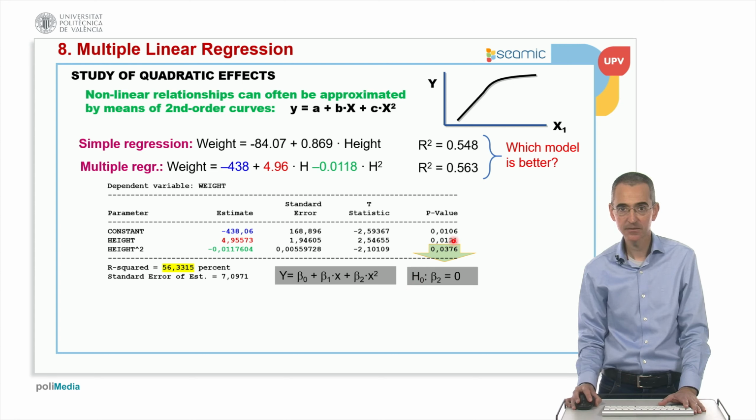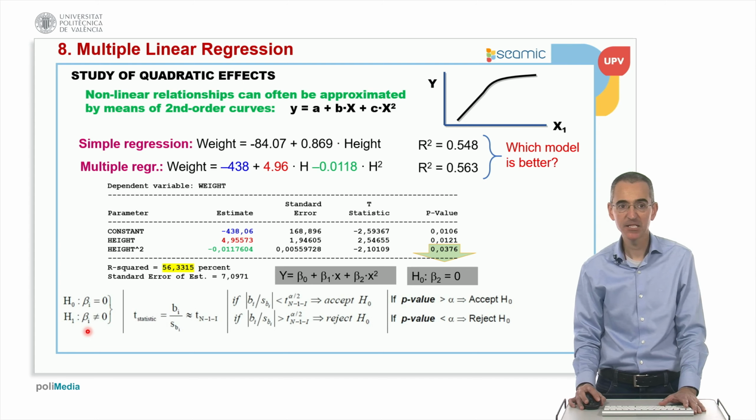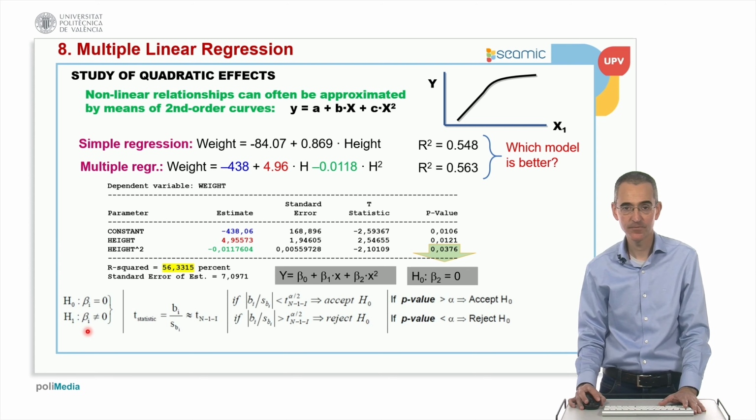For this second p-value, the null hypothesis would be beta 1 equals 0. And for this one, the null hypothesis is beta 2 equals 0. Then what is this p-value? It's 0.038. Well, remember these equations you have in your math tables. I explained this in a previous video also. So we have a null hypothesis.